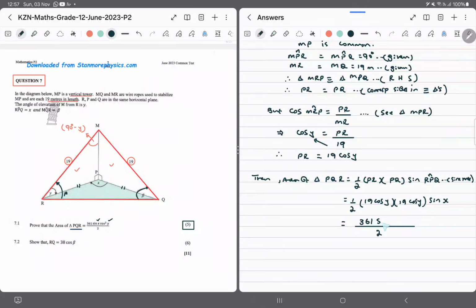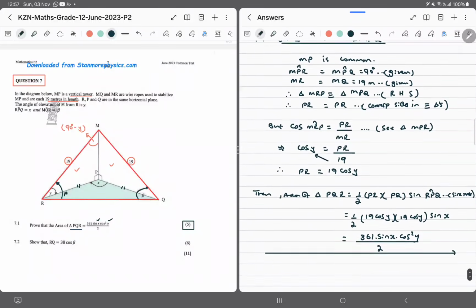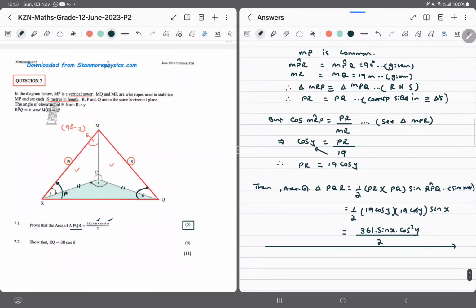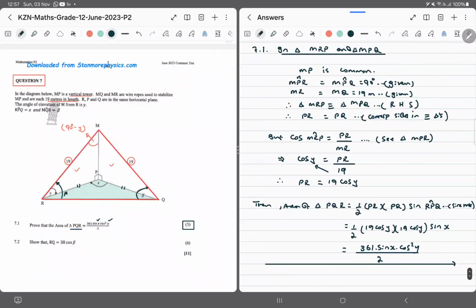So sine x times cos squared y is done. Okay, easy. So this is very important. I know this one looks a bit longer, but some examiners, when there's too many marks, it means there's a lot of work to be done.